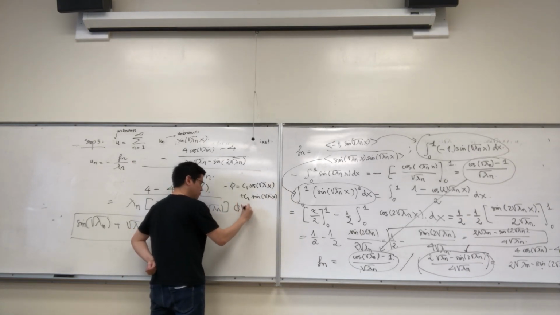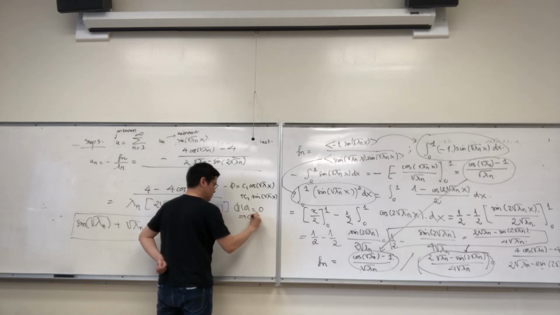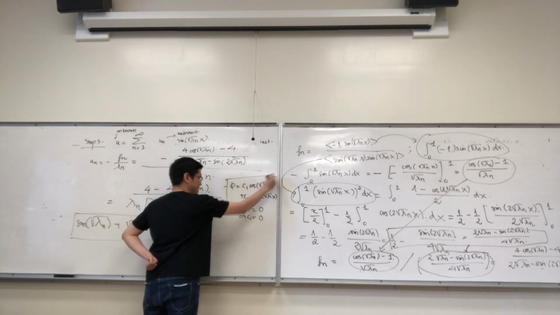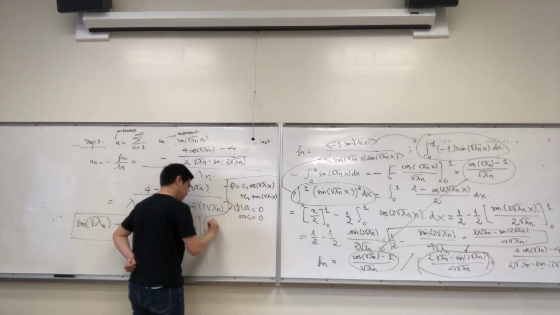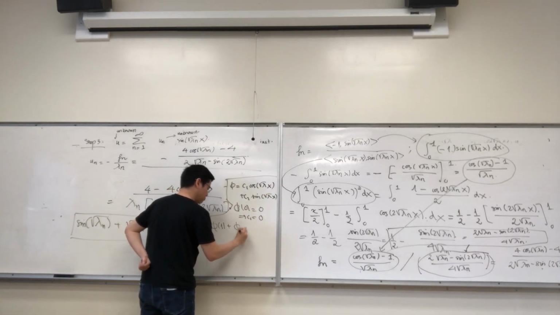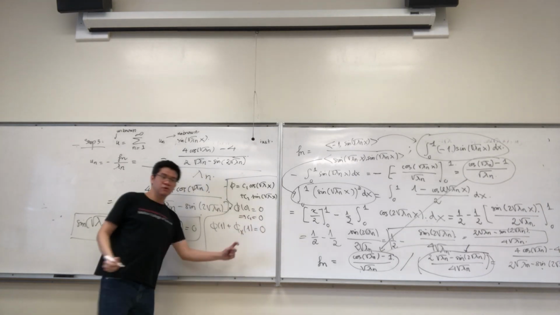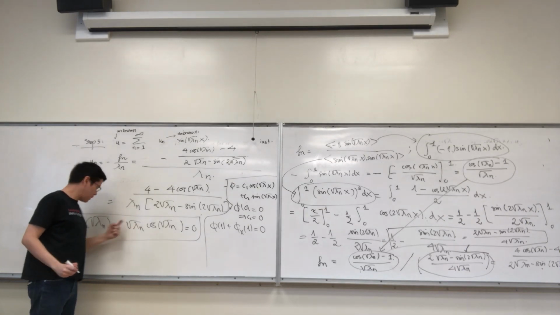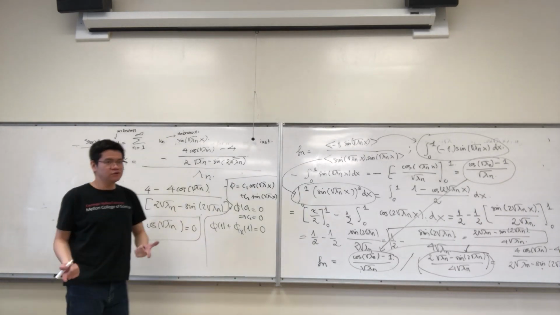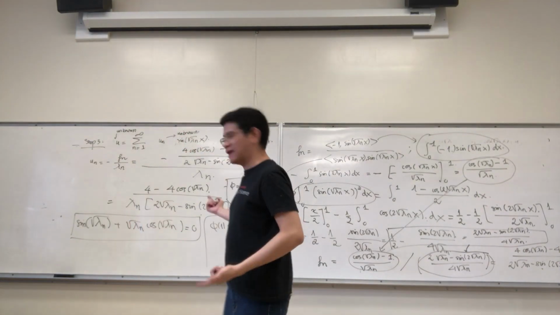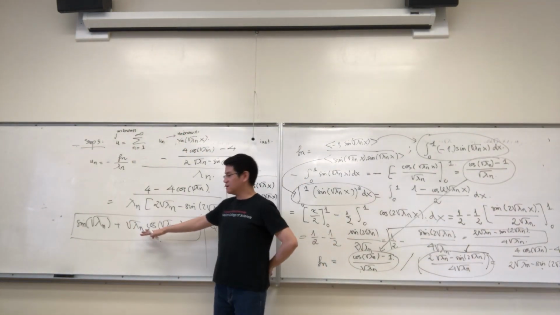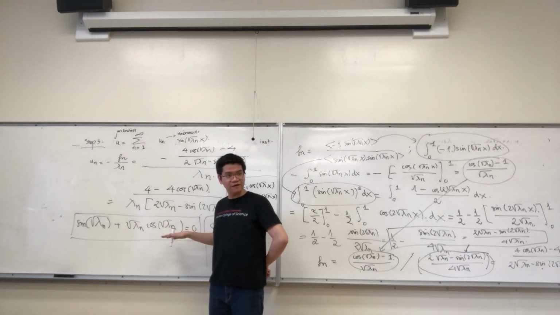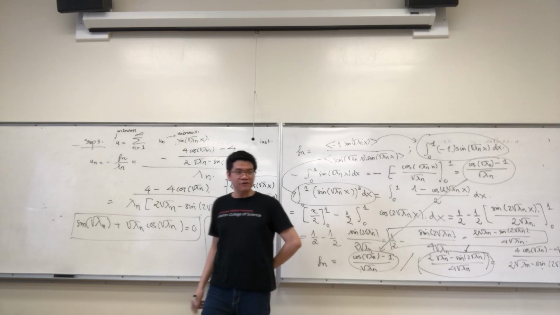So you have phi of 0 is 0, which means that C1 is 0, right? This is the first boundary condition. The second boundary condition is phi of 1 plus phi x of 1 is 0, and this gives you this equation. The solutions of this equation are not explicit, but we know that there are an infinite number of lambda n such that this is satisfied, and they will be the eigenvalues of our problem.